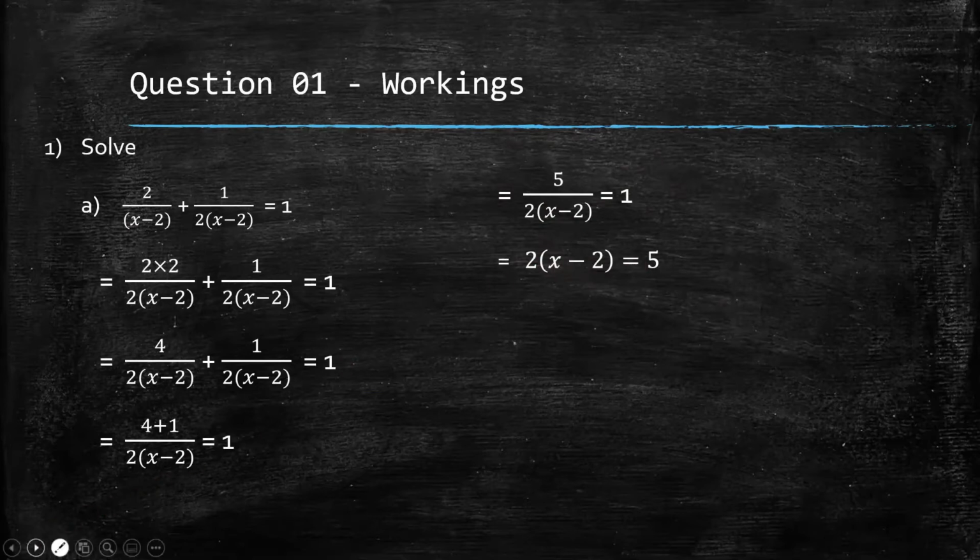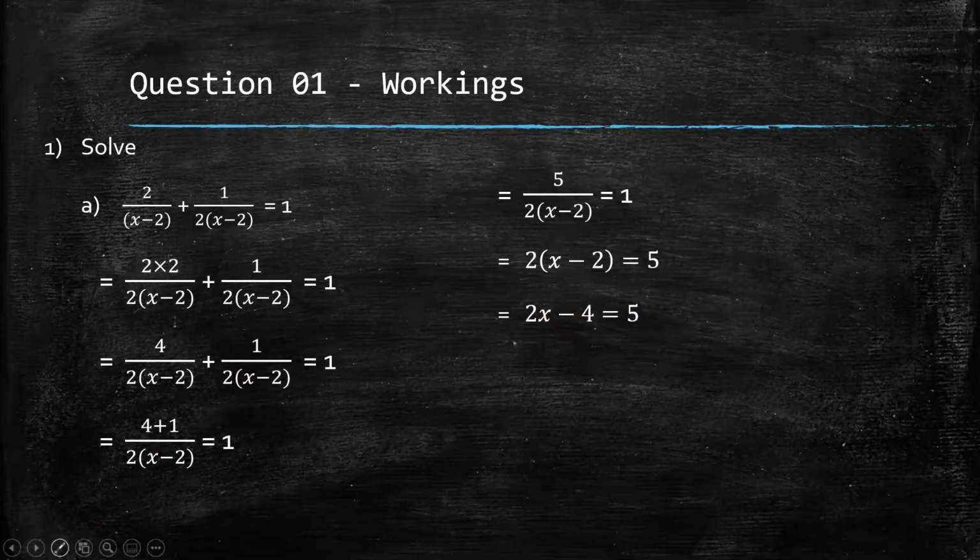Then you need to solve for the brackets. It will be 2x minus 4. That means 2 times minus 2 will be minus 4, is equal to 5. Now you need to subject x. So you need to remove all the additions, divisions, multiplications, subtractions from x. So the first thing I'm going to remove here is minus 4.